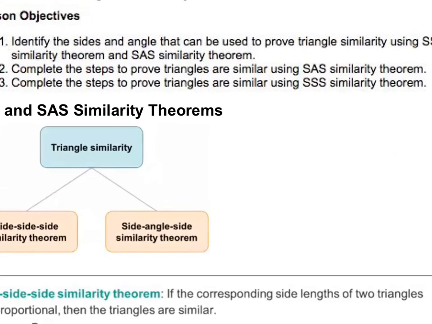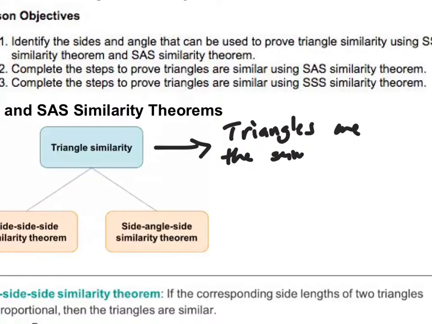Now remember, triangle similarity indicates that triangles are the same shape, but different sizes. Same shape, but different size. All right?